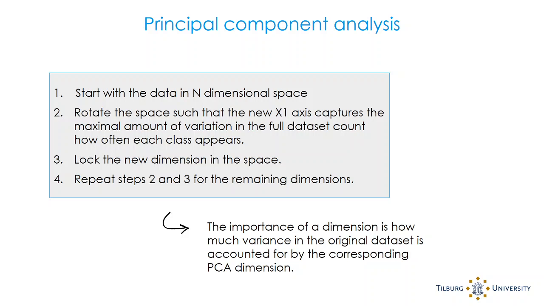Later on, after the rotation, we lock that dimension and you proceed with the following dimension and so on. So every time you perform a loop, you discover a new feature, which is a principal component. So we have the first principal component, the second principal component, the third one, and so on. Okay?